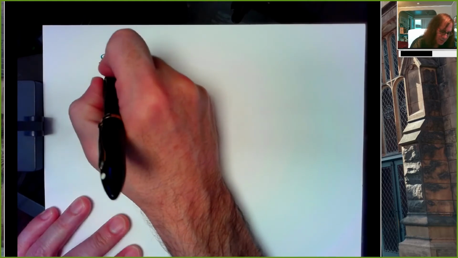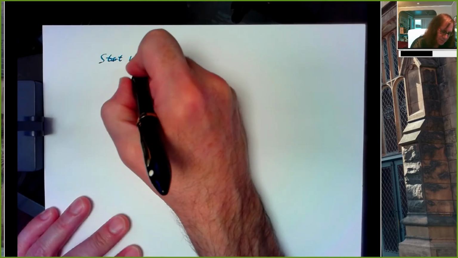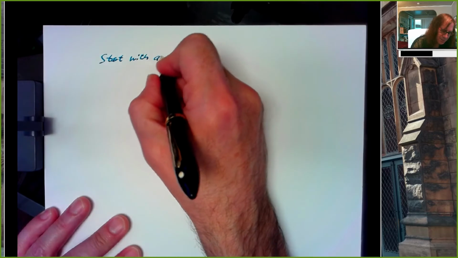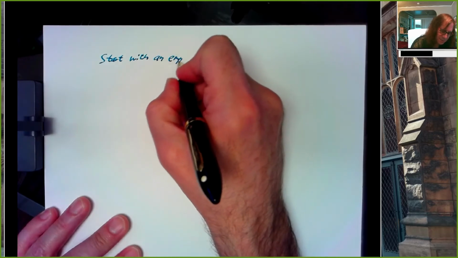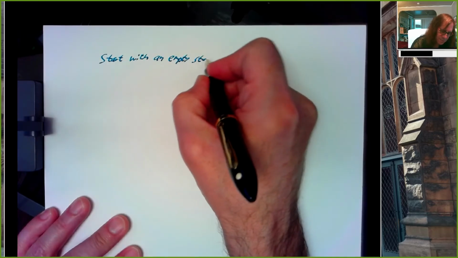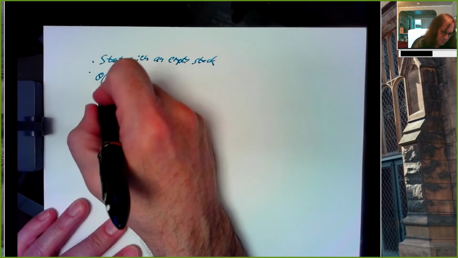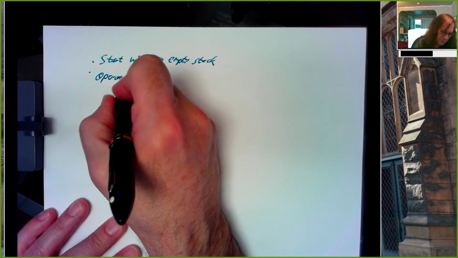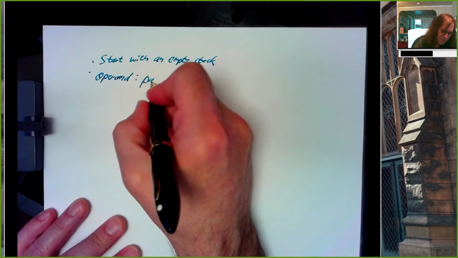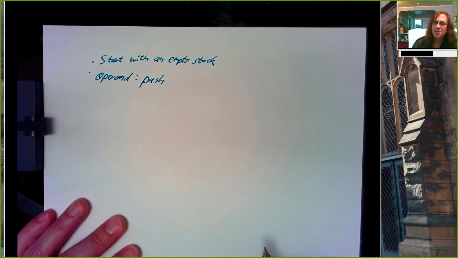So start with an empty stack. If you see an operand, push that onto the stack.